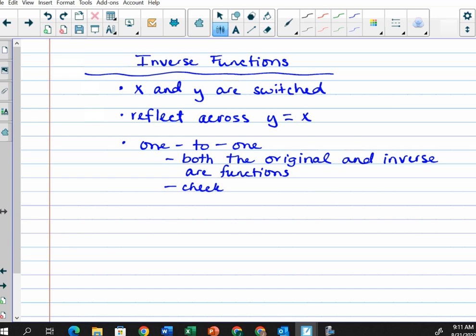Check. It is the vertical and horizontal line test.